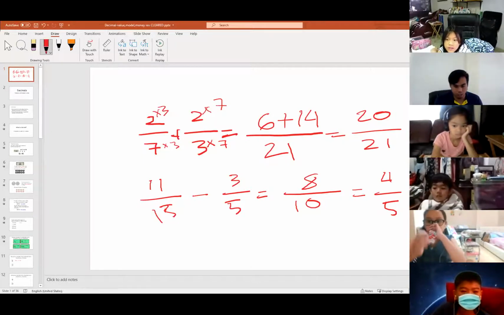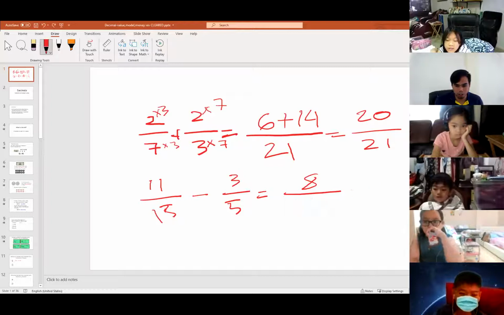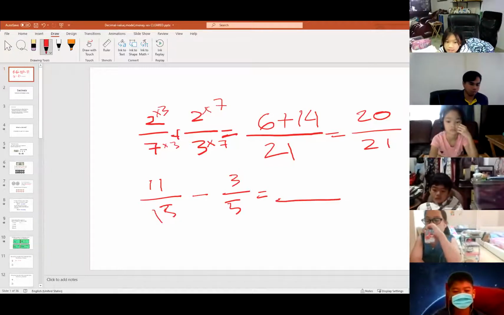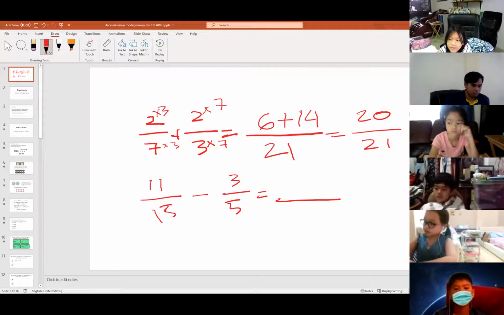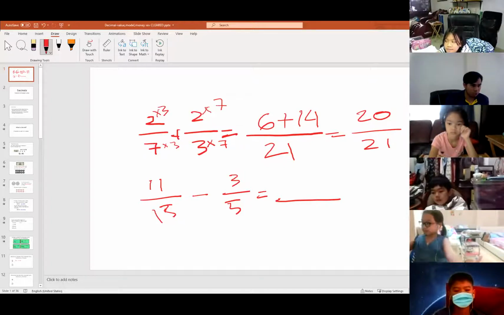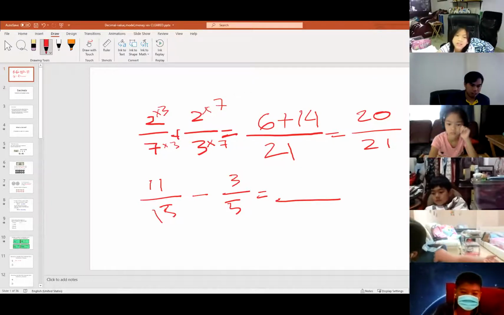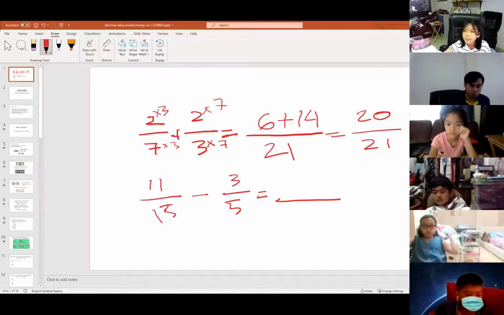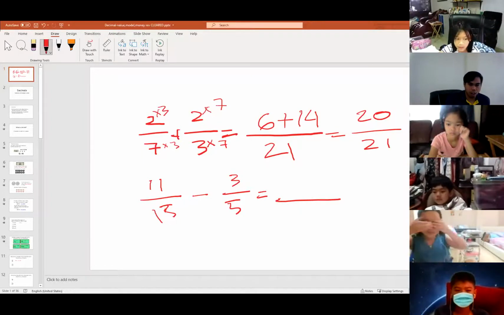Okay, so let's go back to the first step. What's the first step again? Make the denominator common or equal. So how do we do that? By multiplying. How do we make 15 and 5 the same? As we did on Monday, we found the multiples of each other. So how many 5s are in 15? 3.